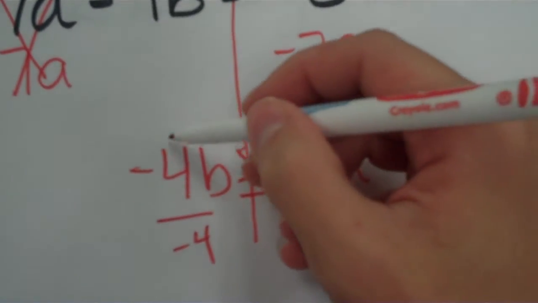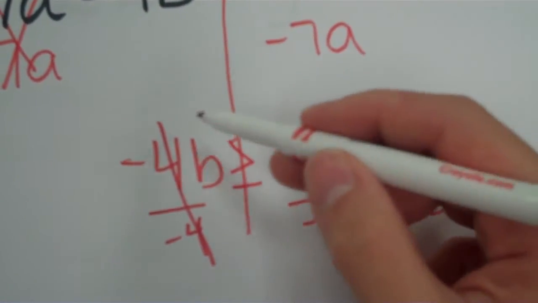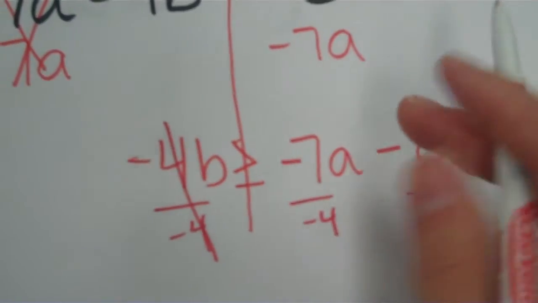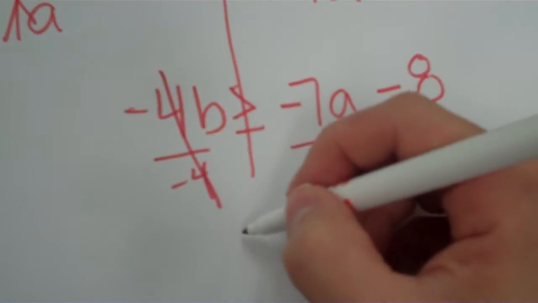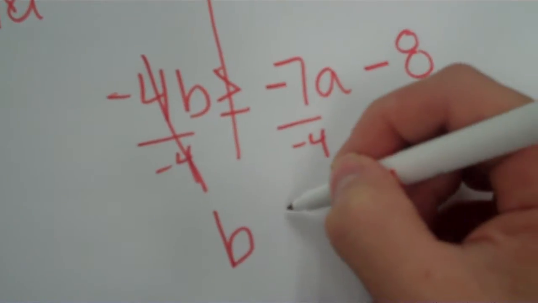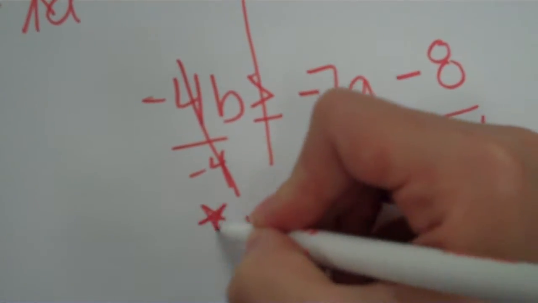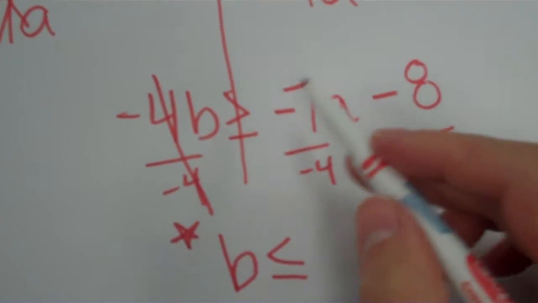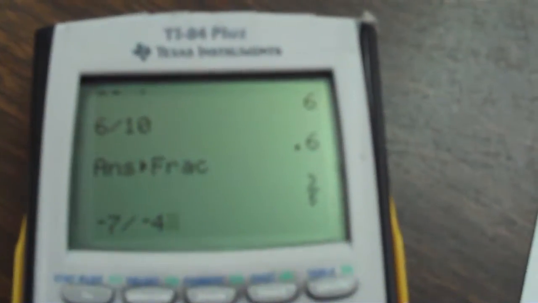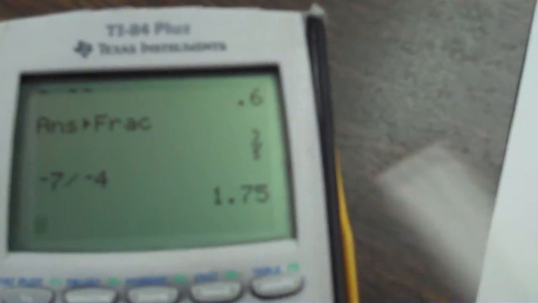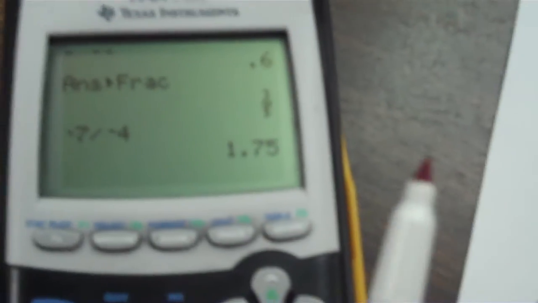Okay? But what happens to the inequality sign when your best friend's negative, when you divide by a negative? If you remember, the inequality sign switches the other direction. Okay? That's the only thing that you have to remember with inequalities, that they switch. Negative 7 over negative 4 is 1.75. So could you write 1.75? You could, because you're not rounding, but I like fractions.